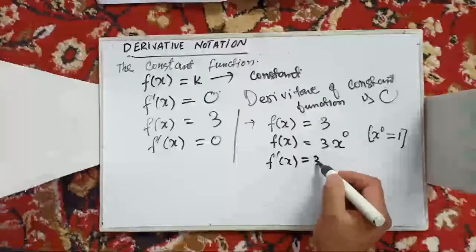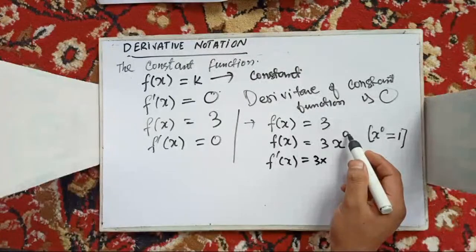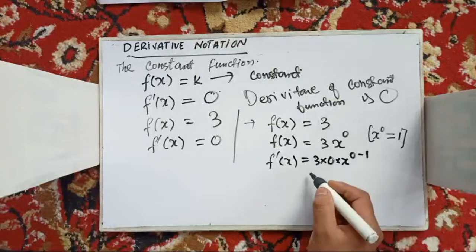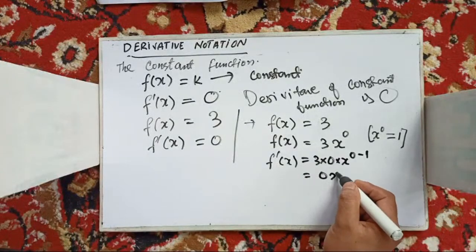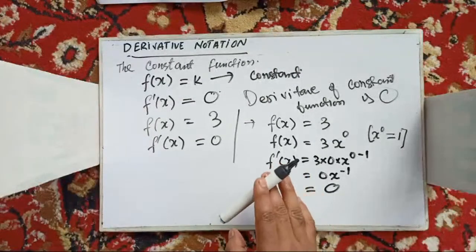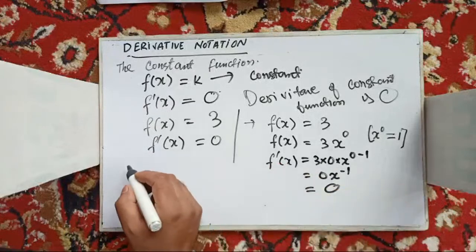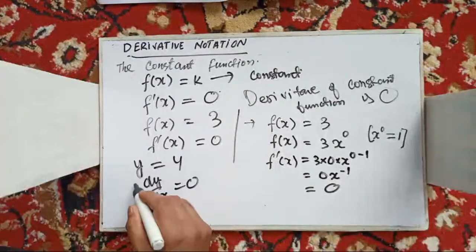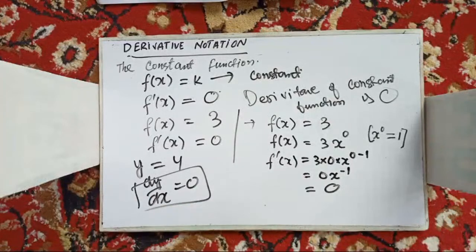This is 3 multiplied by the exponent, that is 0 times x to the power 0 minus 1. Here 3 times 0 is 0, so it is also 0. That means the derivative of a constant function is 0. If we are given y is equal to 4, we can write dy by dx is equal to 0. So any constant function has derivative 0.